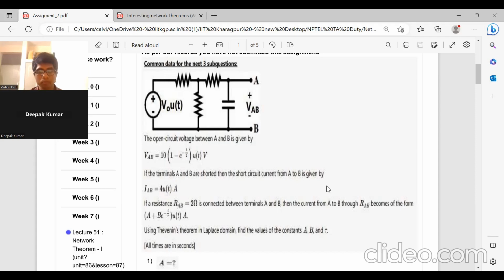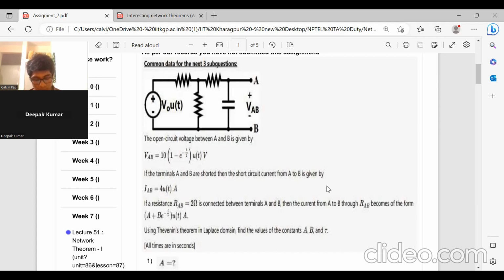What steps will you follow now? They have told you to use Thevenin's theorem. So what have they given you? Thevenin's theorem says that we consider one source at a time and replace the other sources by their internal resistance.